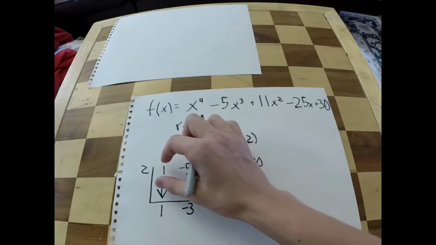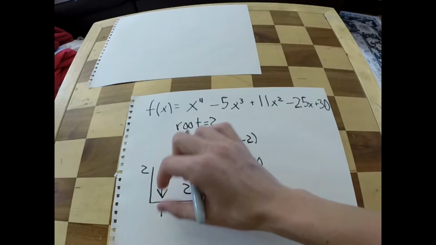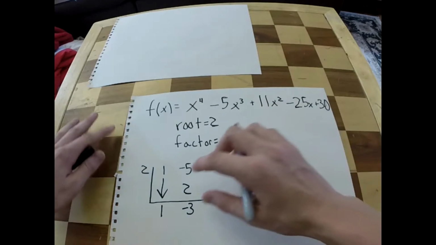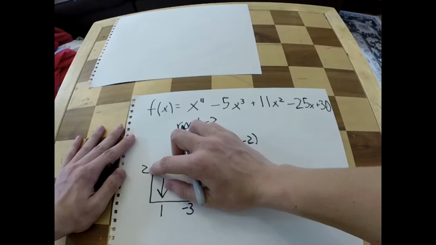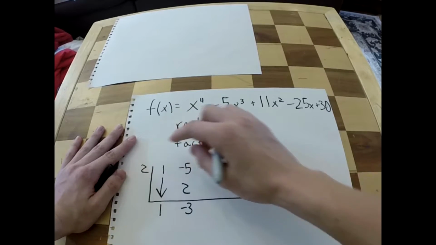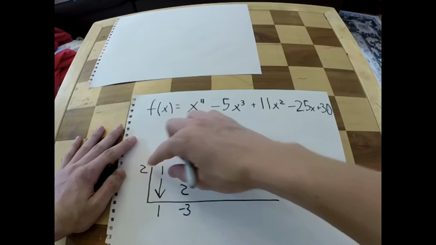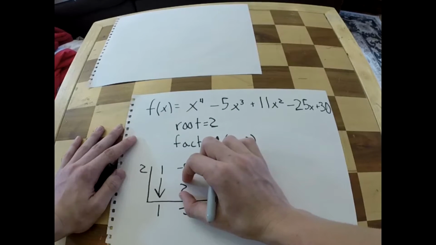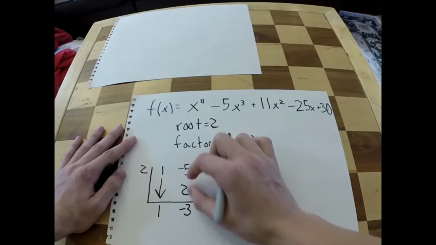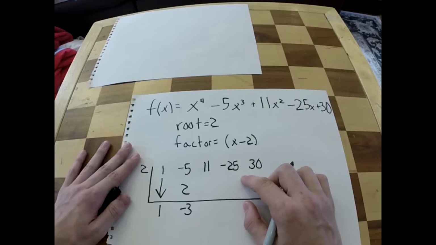So again, you bring this first term down, the first coefficient of this term down, and you multiply this number by the root, the number in the top left, and then the number that you got, which 1 times 2 is 2, so bring that over here, and then you add these two numbers together, and you get -3.